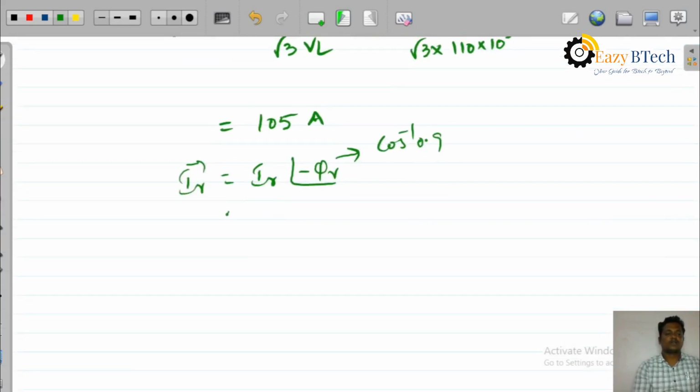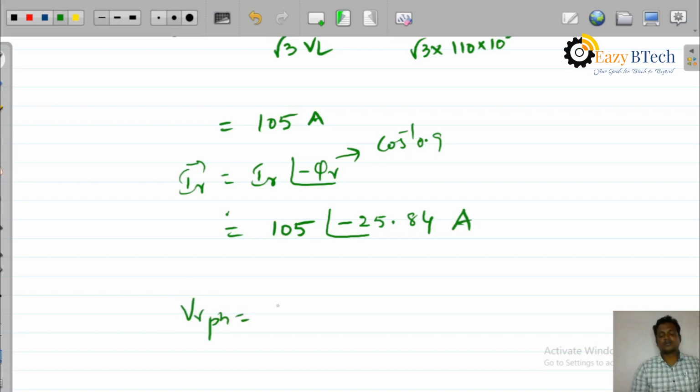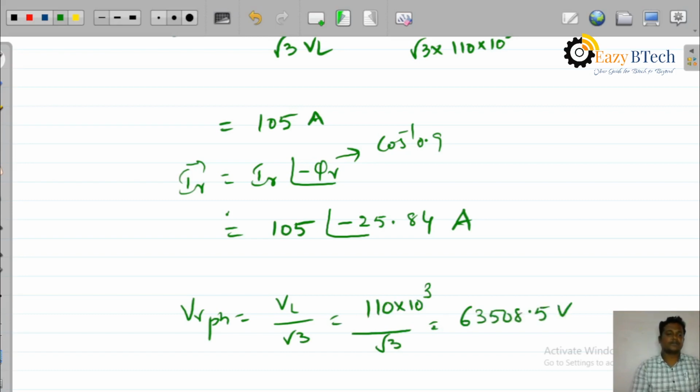Therefore the current equals 105 at an angle minus 25.84 amperes. VR per phase is the given three-phase voltage VL divided by root 3, which is 110 into 10 power 3 divided by root 3, and we get 63508.5 volts.